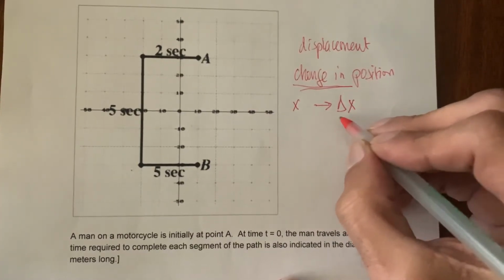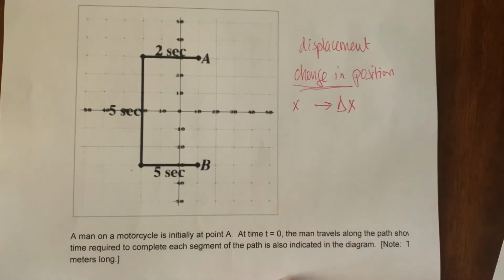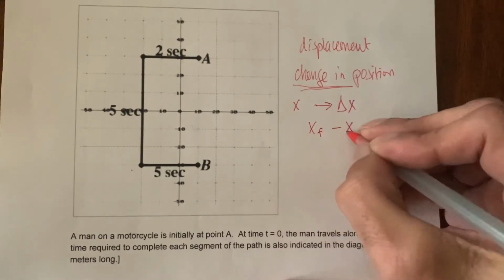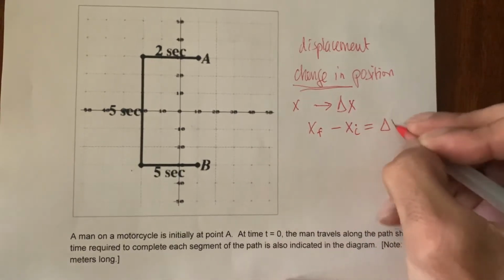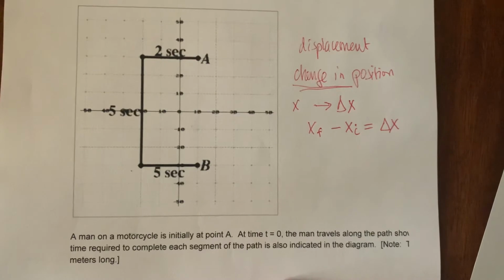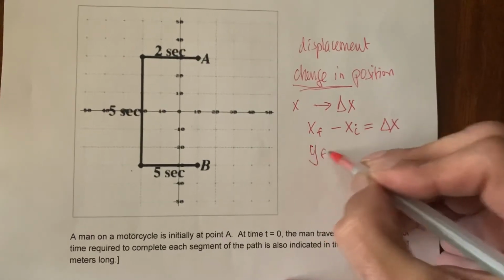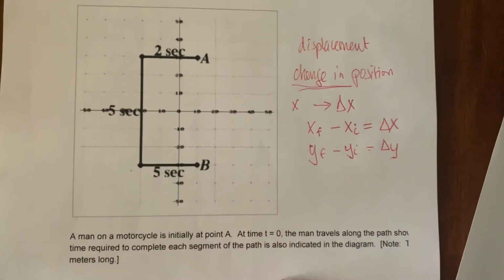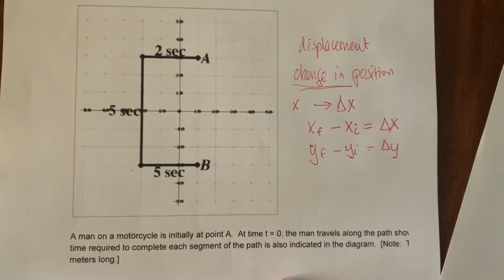Delta just means change in. It's just a fancy, sciencey word for saying change in something. So the change in anything is the final position minus the initial position. This is your displacement. It could be yf minus yi, which would be your y displacement. And so that's basically how simply it goes.